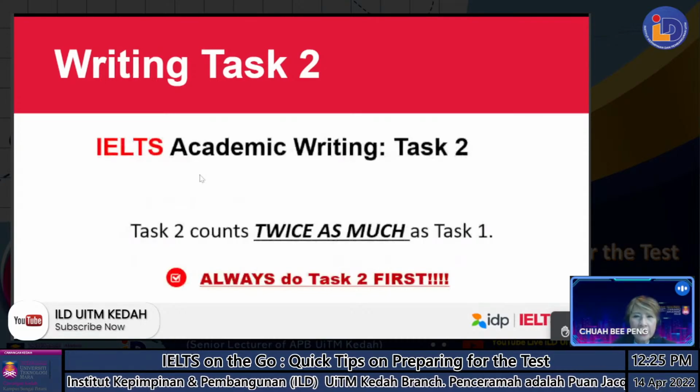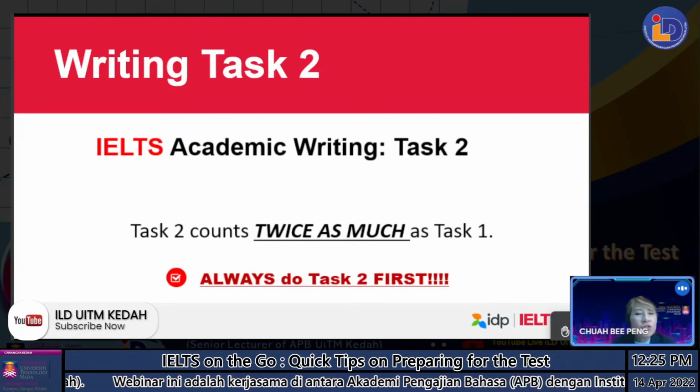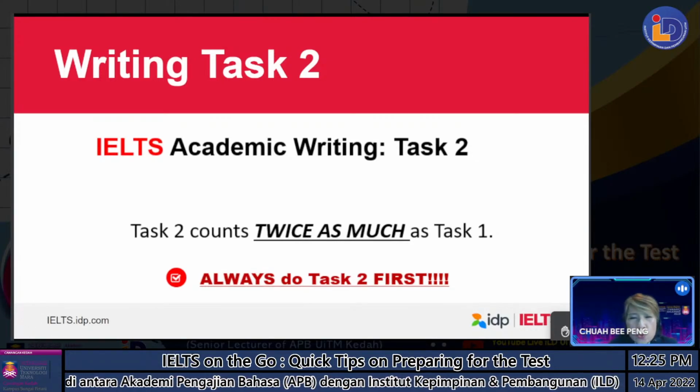Right? So task 2 counts twice as much as task 1. So it says always do task 2 first here in this slide, but I personally think that it is up to you. Some people actually work better if they try to get rid of the challenging one first. They find that task 1 is so susah, so I want to really get rid of it so that it's one stress less.